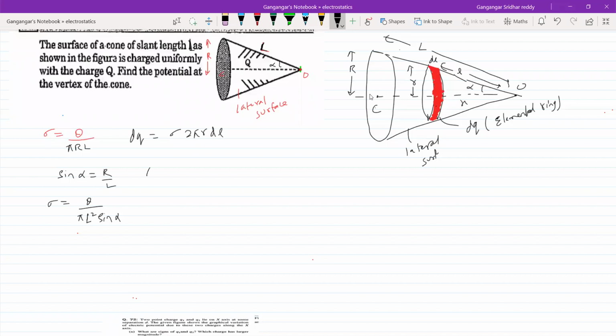So let me substitute the value of dq now. So Q by pi l square, sine alpha, 2 pi. One more here, sine alpha, you can write as r by x. So this will be x sine alpha. This will be dl. So in the value of dq, pi gets cancelled, alpha gets cancelled. So we'll end up with 2Q.